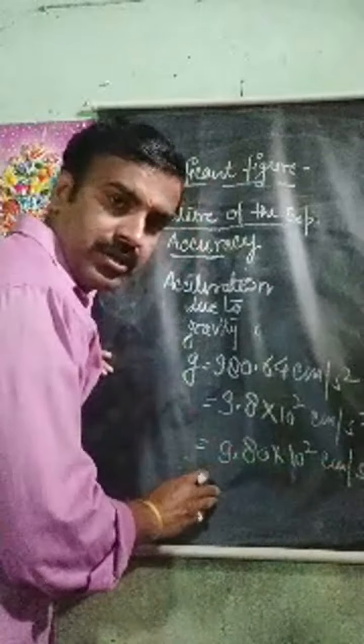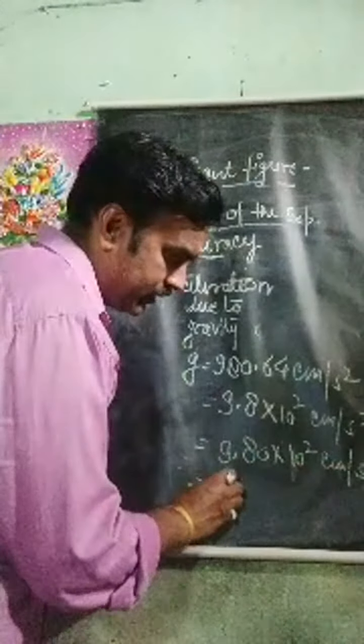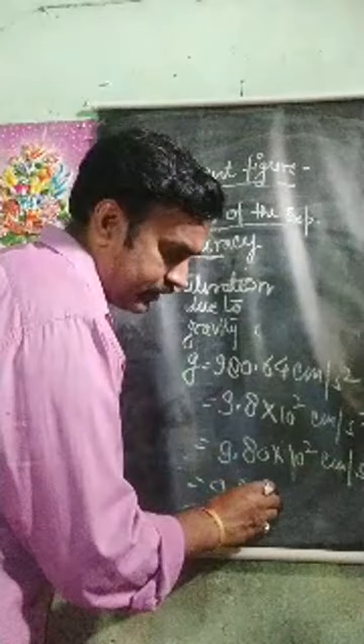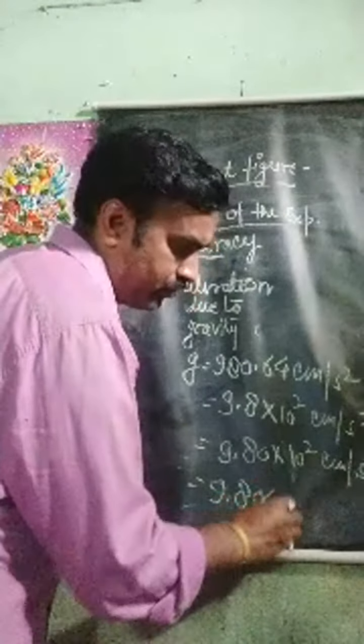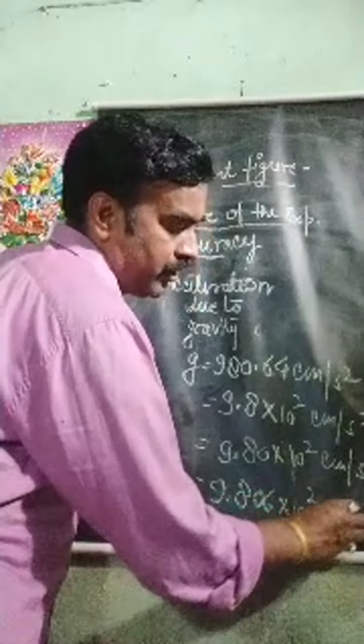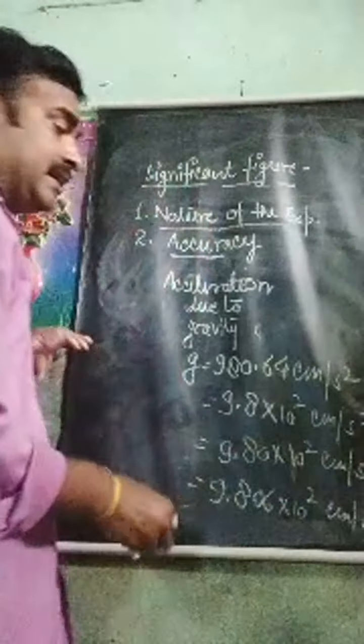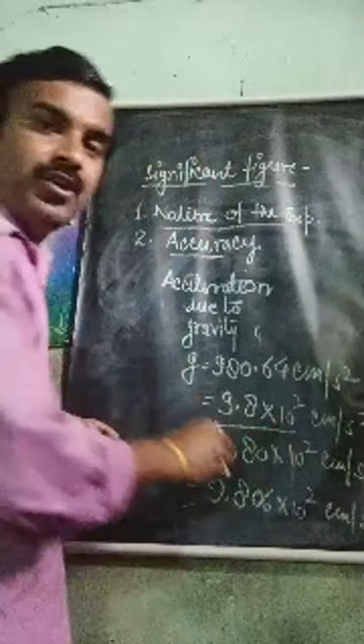And third, you can write 9.806 into 10 to the power of 2 centimeter. You can write all of these, but the degree of accuracy differs.